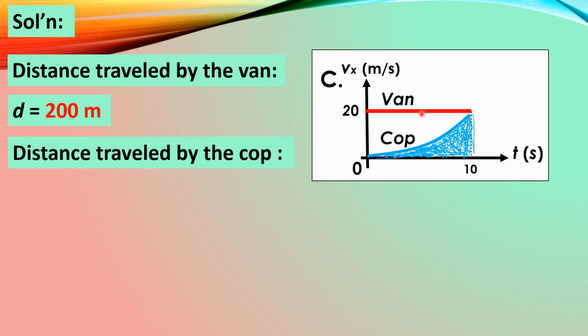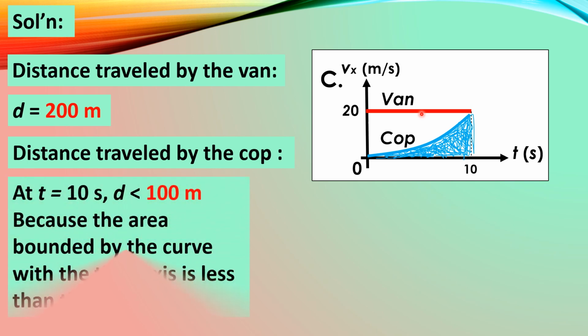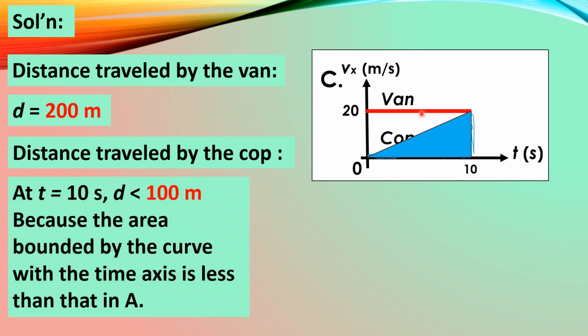Now, it is pretty obvious that this area is less than the area we got for the right triangle in option A. So we say the motorcycle has not yet caught up with the van at this time t equals 10 seconds.